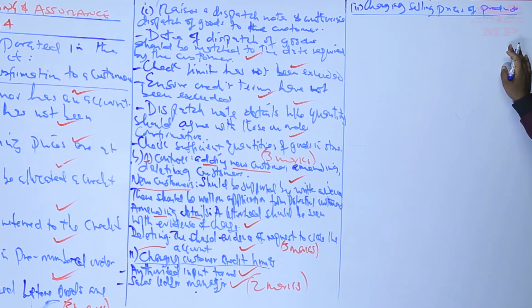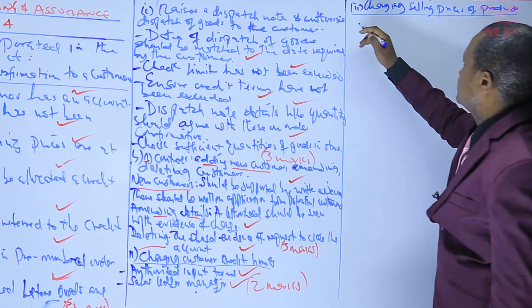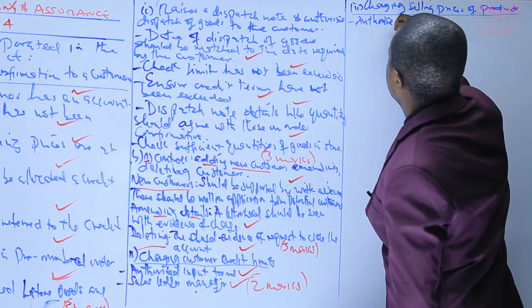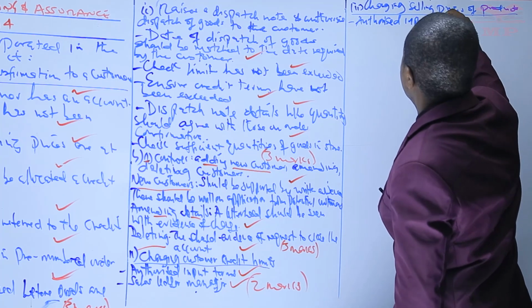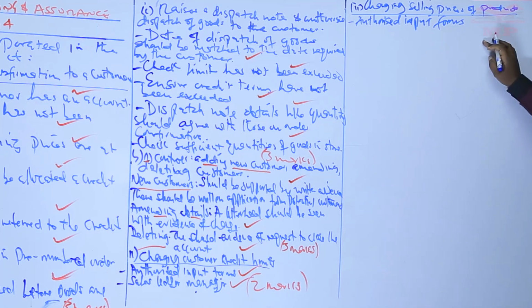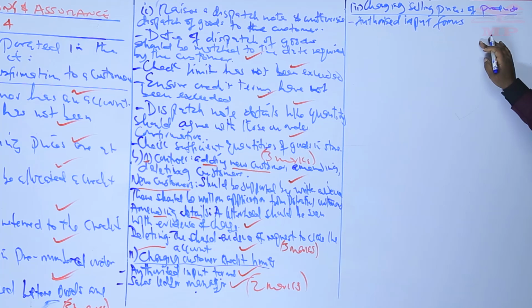Now, the first control is that changes to the selling prices of products should be made via input forms authorized by the sales director. This is written evidence.